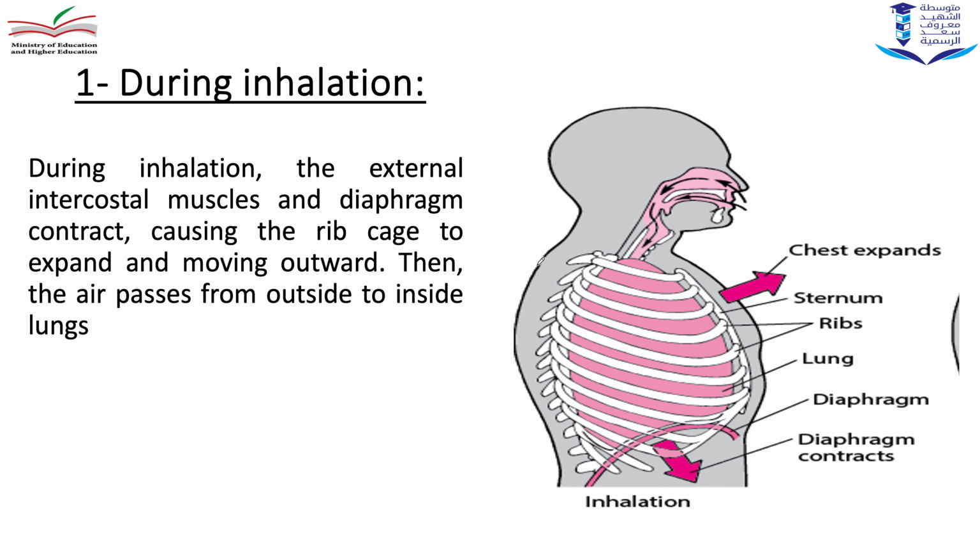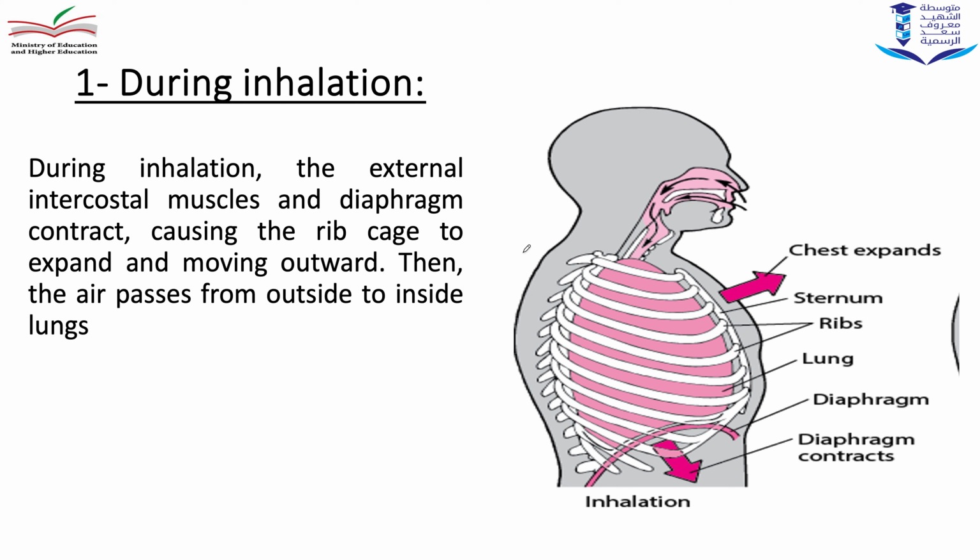In this type of respiration, we want to talk about the respiratory or pulmonary respiration, the respiration of living things having lungs. We want to talk about how the air enters the lungs and how the air leaves the lungs.